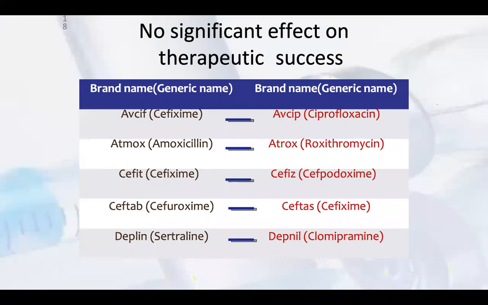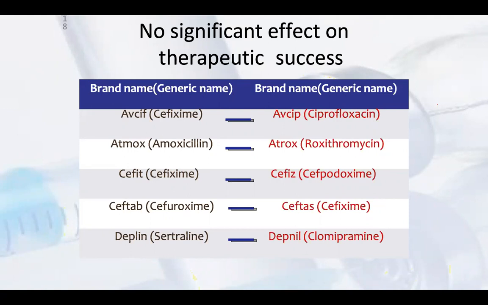Cefixime is there, cefpodoxime is there, cefuroxime is there. Dapplin is there, sertraline is there, and Dapnel, clomipramine. They can be used in depression, I think. So there can be confusion.